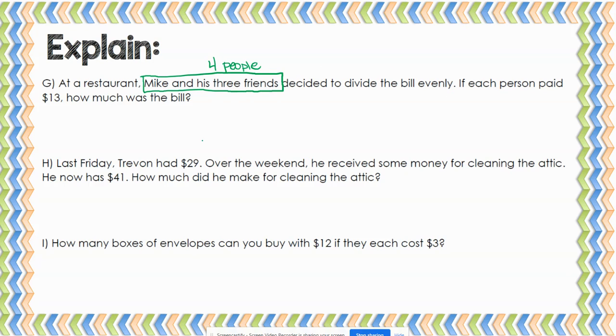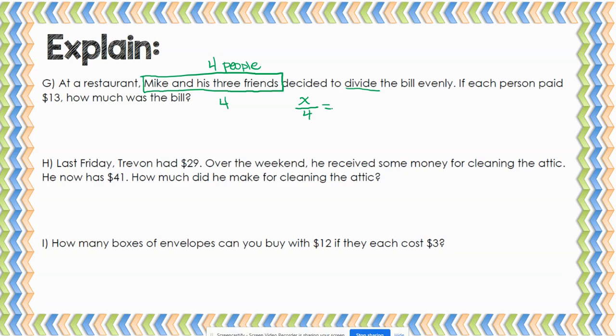So if each person paid $13, how much was the bill? Well, 4 people paid $13, and we want to know how much their bill was. When I know that I had the bill split or divided evenly, I know that it was divided into 4 equal pieces. So it started with whatever my bill was, which is X, and I divided it into 4 equal pieces.